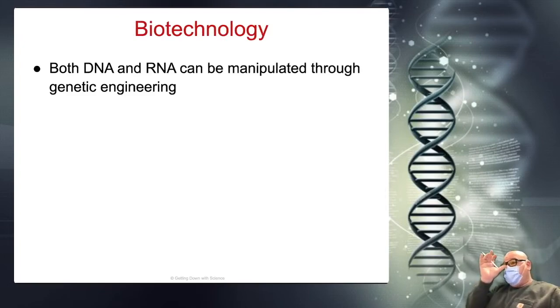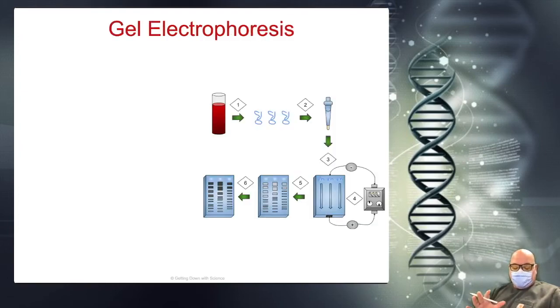Now this one's been around for a long time, and we're going to try to do this one in class as well. Gel electrophoresis. You probably heard of this one. In this one, you make a block of gel. You basically have a mold.